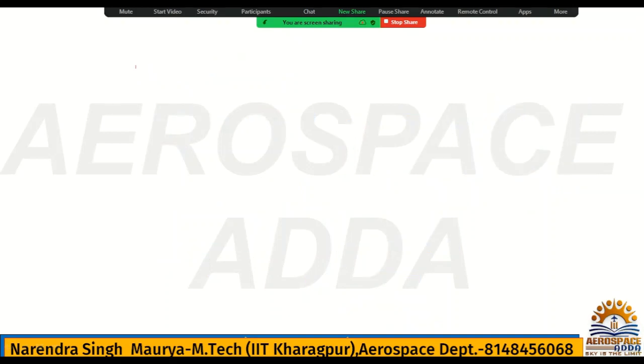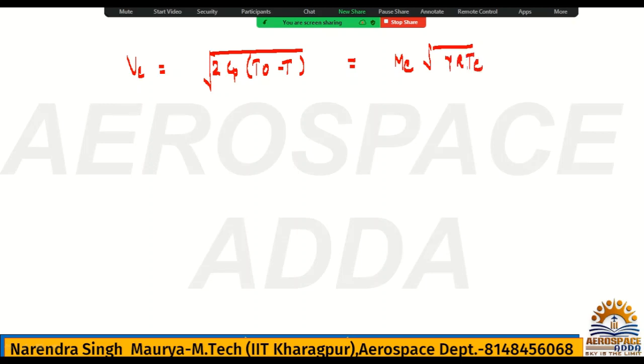So what is the exit velocity? Two formulas I have given to you. One, you can use 2 cp (T naught minus T), or VE is equal to ME root of gamma R TE. This is also one formula.